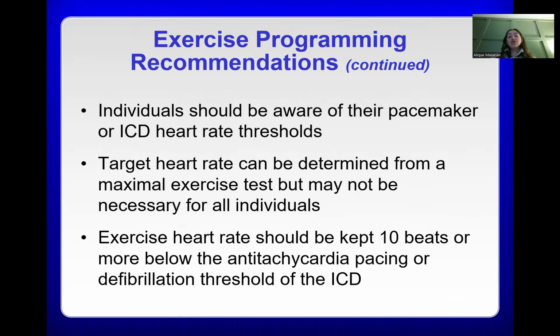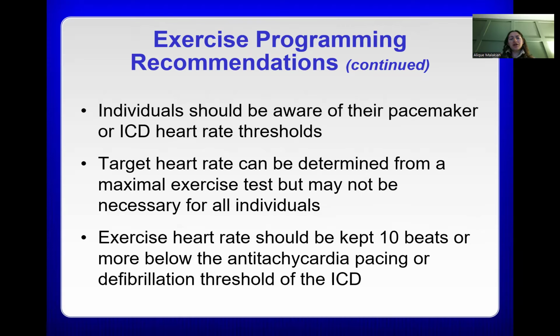And then each individual should be aware of their pacemaker or ICD heart rate thresholds. It may be different because, as we talked about, at least for the pacemaker, everyone's algorithm is probably a little different, depending on what their cardiologist does with that machine and what the pacemaker is relaying about the data it has. It's probably different for every single individual, so they should be aware of all of that.